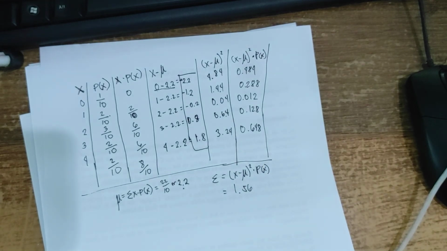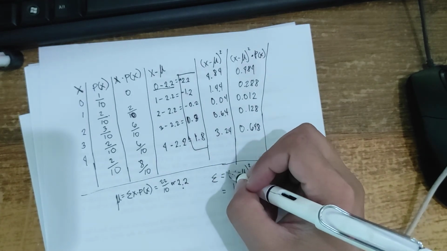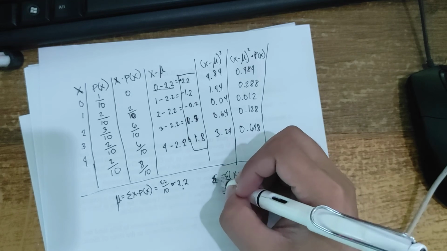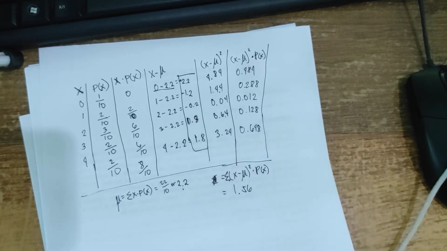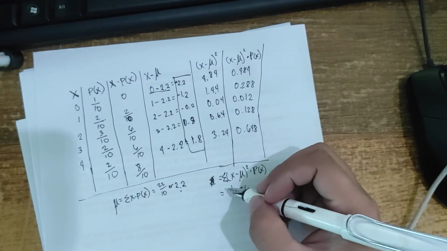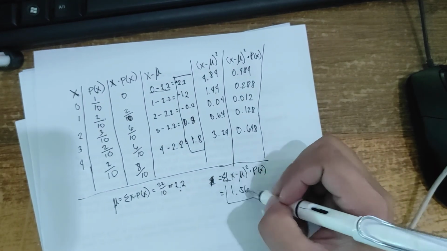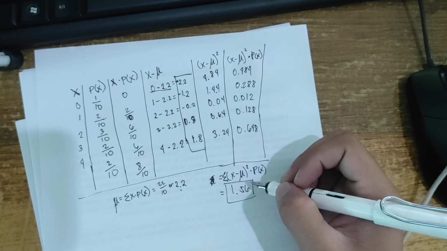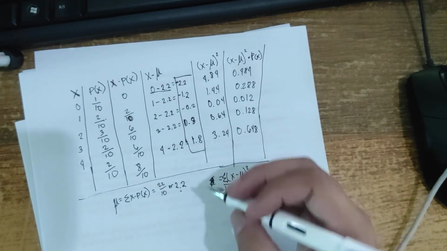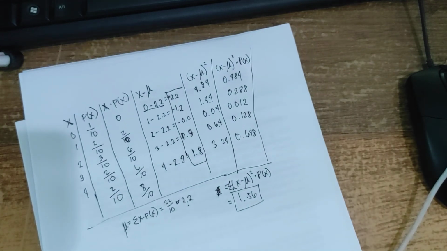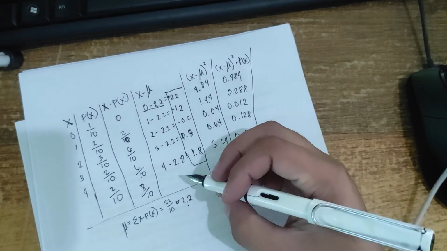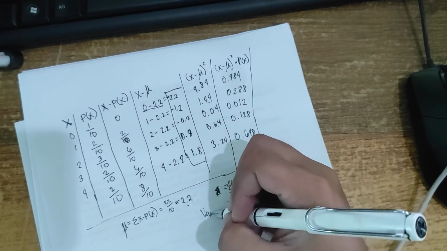Okay? Now, this is summation. Okay, yan yung summation natin. Now, this is now our answer. This is now our variance. So, this is the variance.